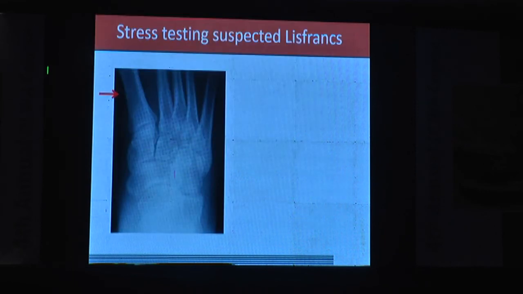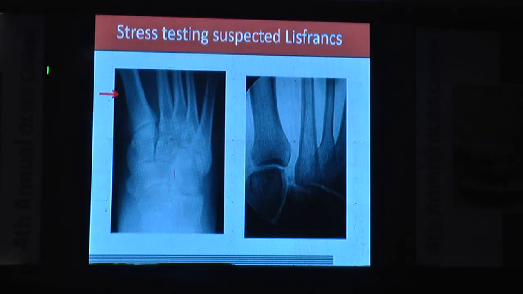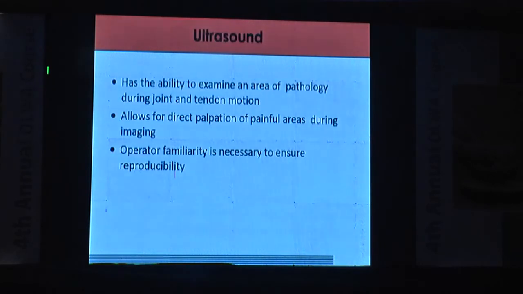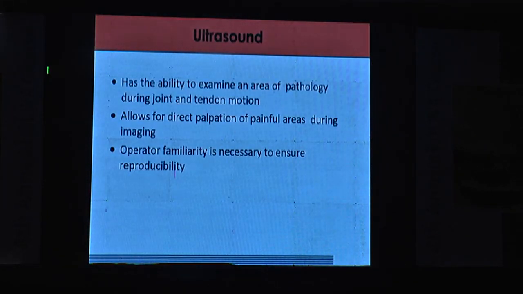That's a suspected Lisfranc. Apart from the weight bearing, there is a manual possible stress when you rotate the foot at the level of the first metatarsal, and then you do another X-ray and you see the instability in a suspected Lisfranc fracture. That's about X-rays.